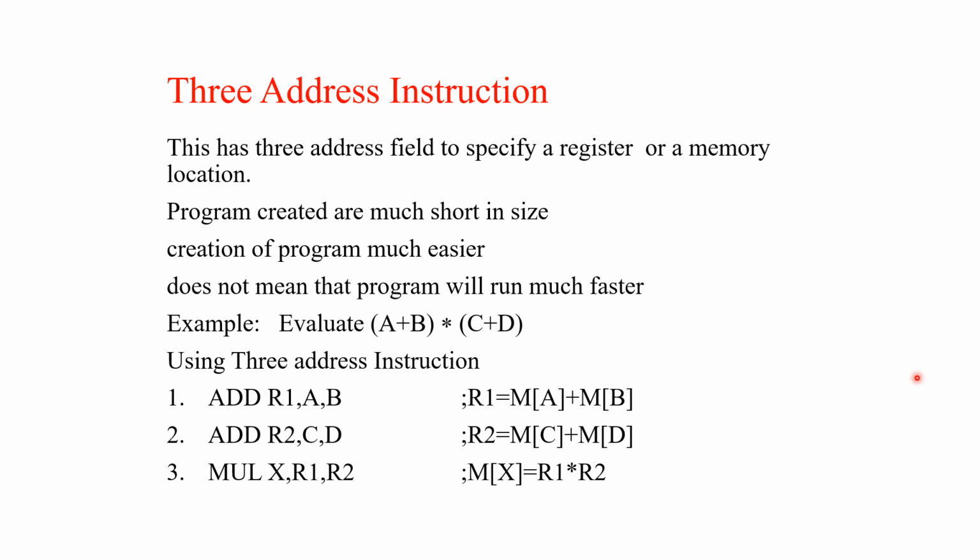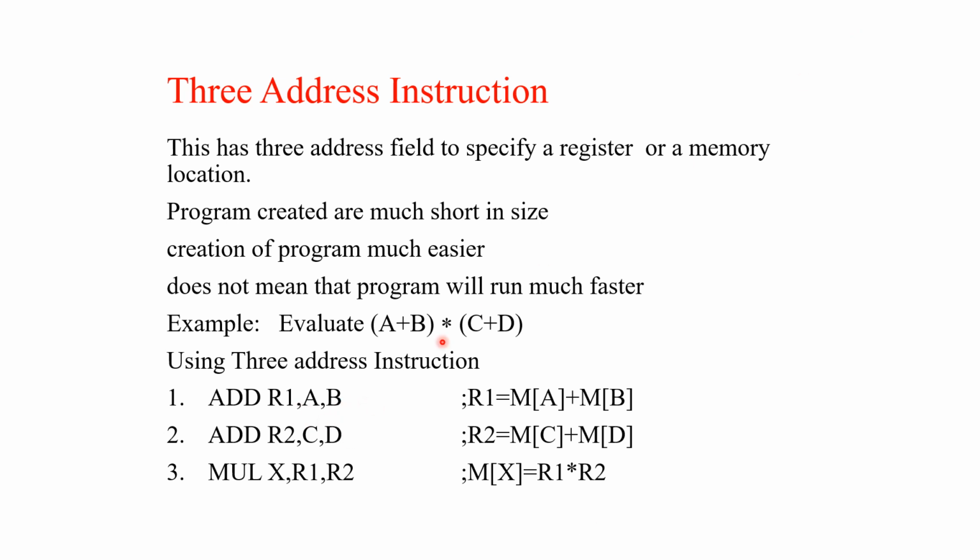For example, consider this expression: evaluate (a plus b) multiplied with (c plus d). In this instruction, add r1, a, b. The first instruction adds a and b, storing the result in the register r1.